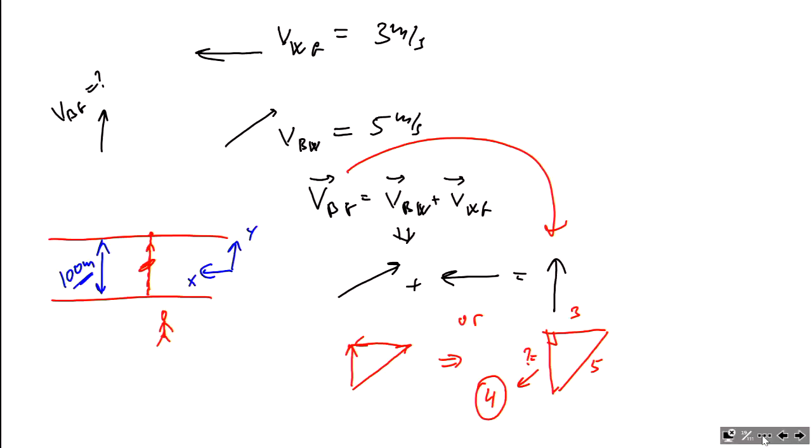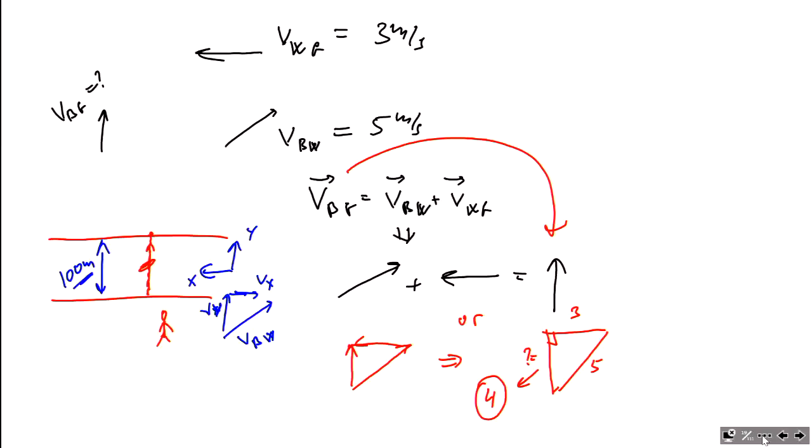This arrow represents the velocity of the boat relative to water, but relative to these two x and y axes, it has two components, vy and vx. Like in the case of projectile motion, first of all, they don't interfere.